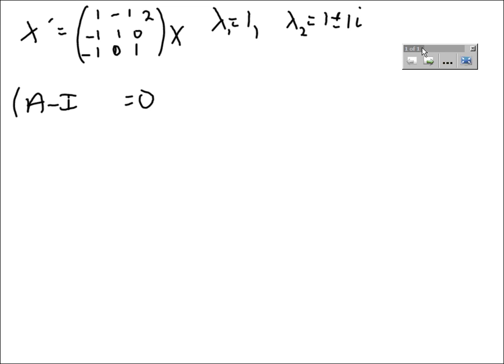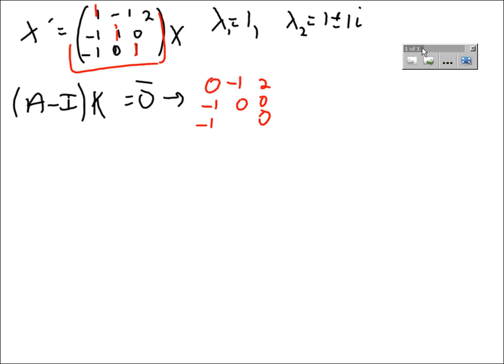We want to solve that equation, the 0 vector. Well, A minus I, from the diagonals, you just take away 1. So the diagonals will actually become 0, and every other entry will be what it is over here. We want to augment this with 0.